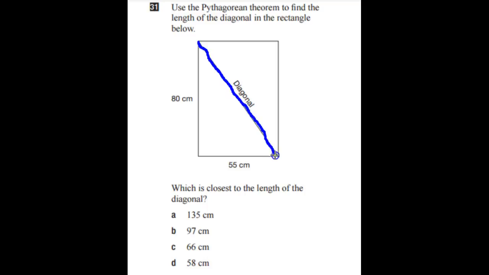And so rectangles by definition have to have corners that are 90 degrees. So this corner down here, I haven't drawn this perfectly, but you get the idea, has to be a 90 degree angle. And so really this side and this side represent the smaller sides of the triangle. And this diagonal here that I'm looking at is actually my hypotenuse.